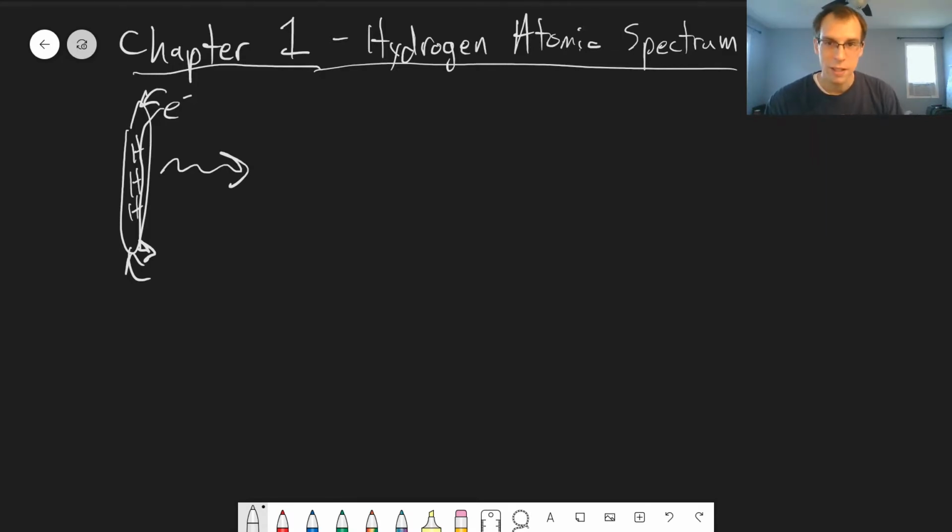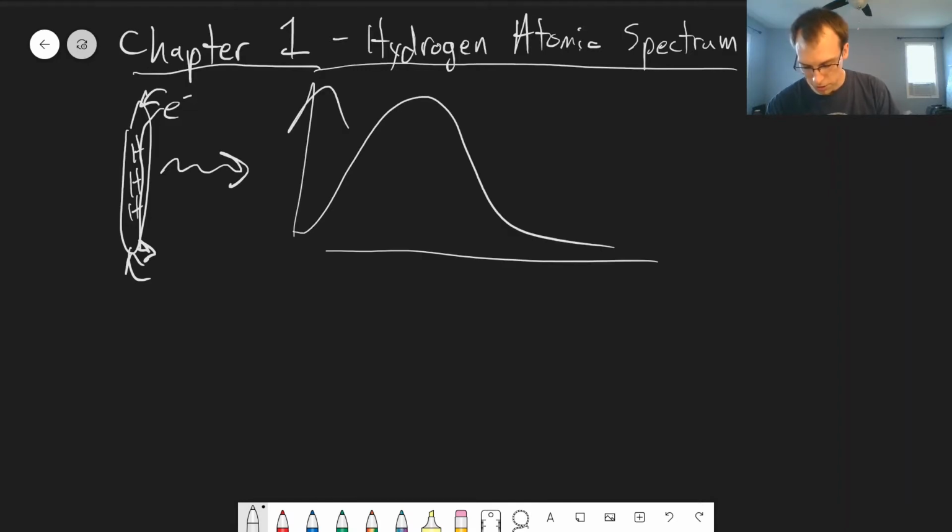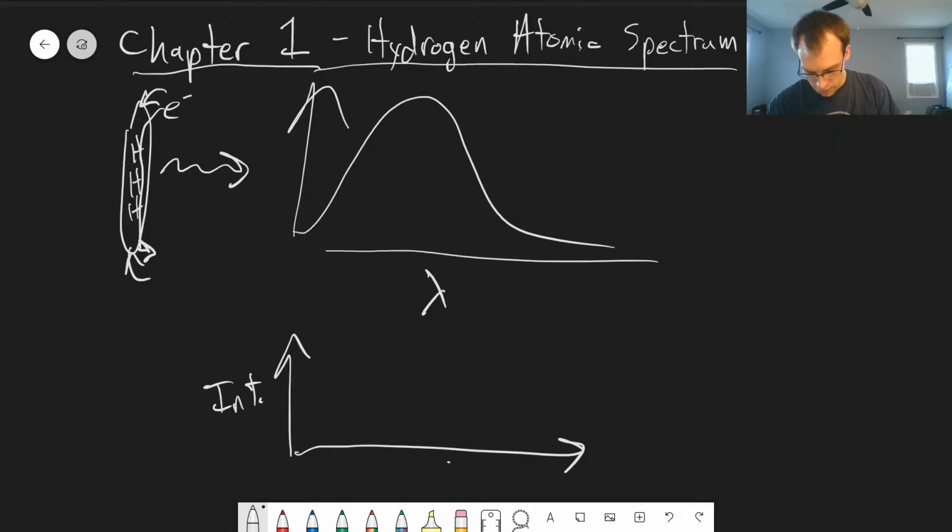One thing that's interesting about the hydrogen atomic spectrum is that, unlike a black body, where we saw those nice, bell-shaped curves as a function of wavelength, if we plot the intensity of light versus wavelength for hydrogen, instead of a big curve we see several individual lines.